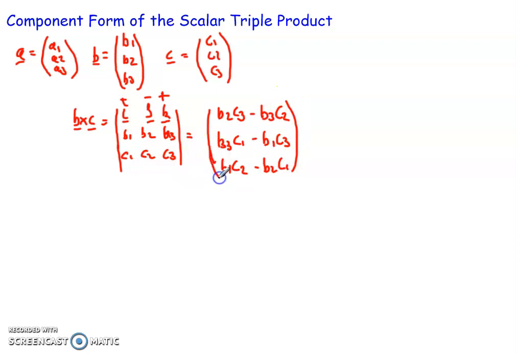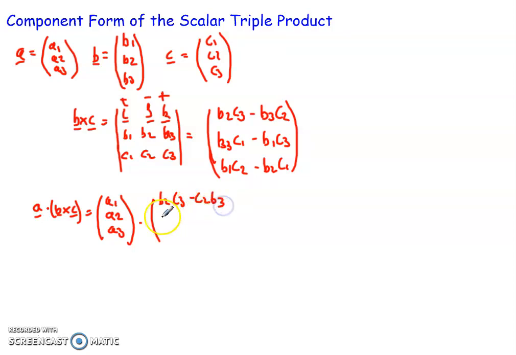What I then do is the scalar product of this with A. So I would do my A dot B cross C. That means the scalar product of A1, A2, A3 with this new vector that we've got: B2 C3 minus C2 B3, B3 C1 minus B1 C3, and then B1 C2 minus B2 C1.